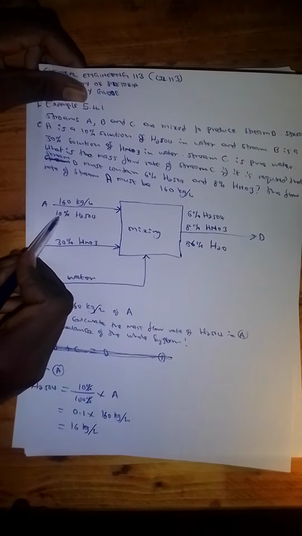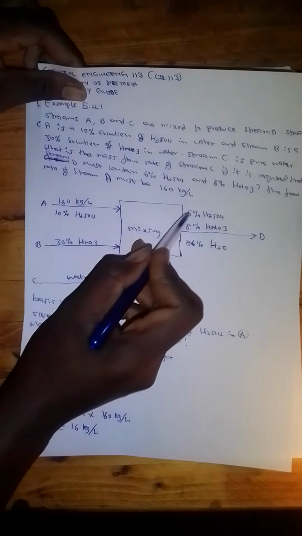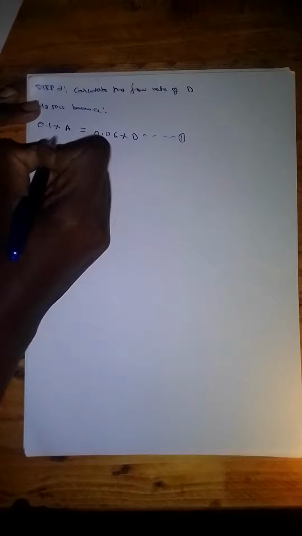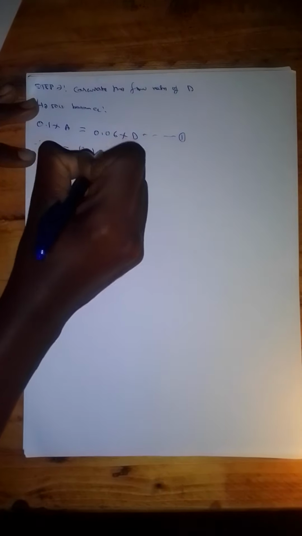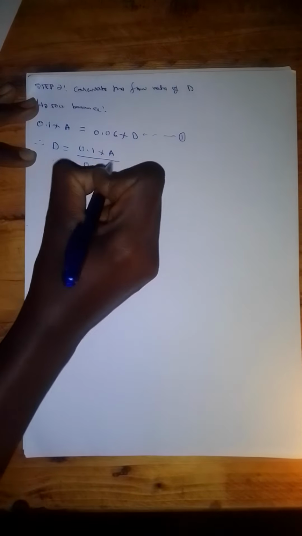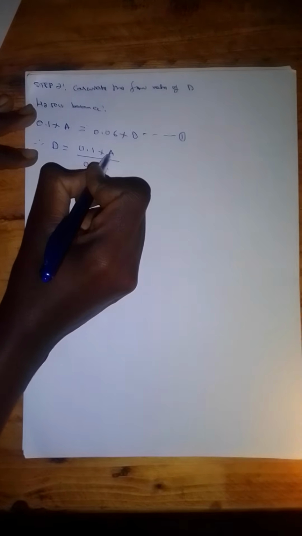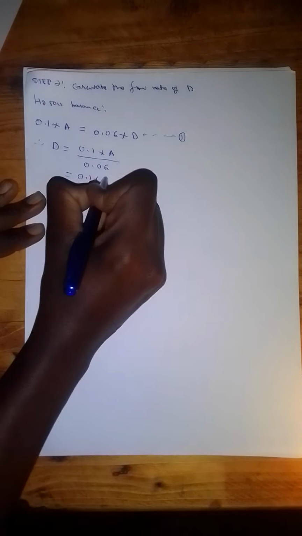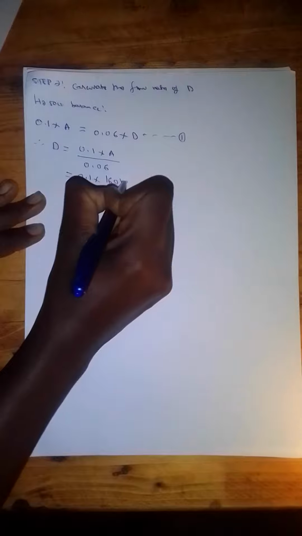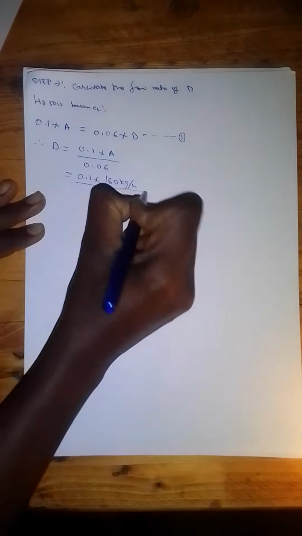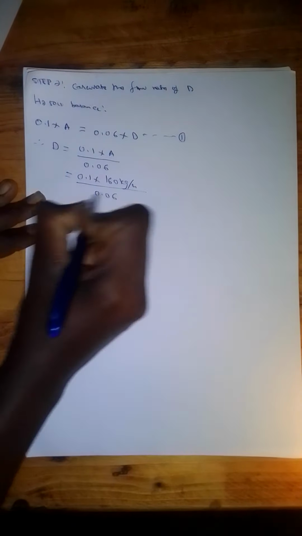Therefore, D equals 0.1 multiplied by A all over 0.06, which is 0.1 multiplied by 160 kilograms per hour, all over 0.06.